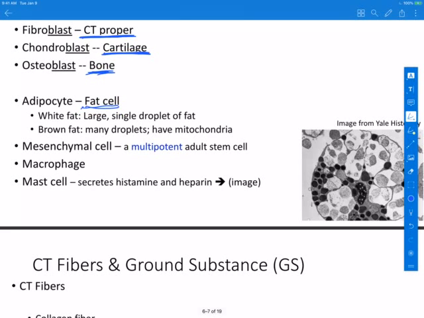They can lead to inflammation and redness and an influx of blood and other blood cells. And sometimes we will buy antihistamines to try to alleviate some of the symptoms that accompany the allergic response. They can also secrete heparin.